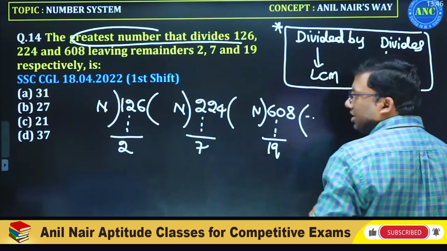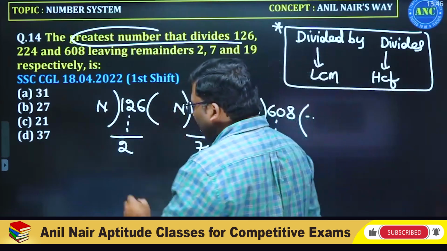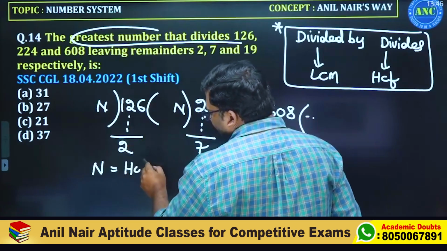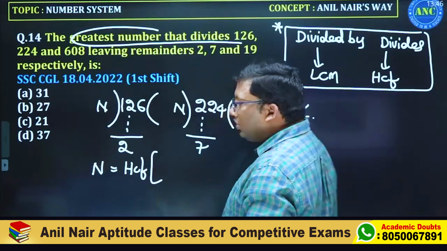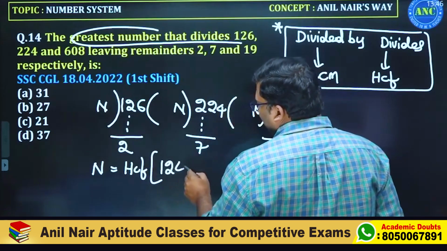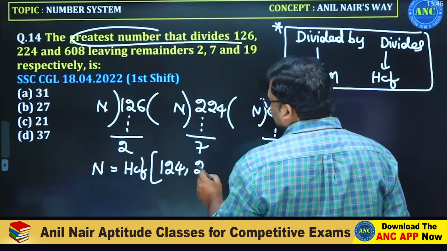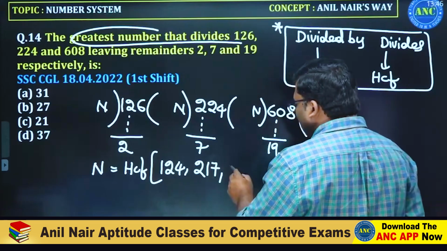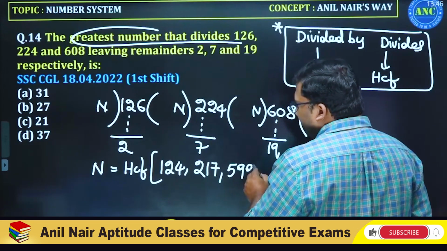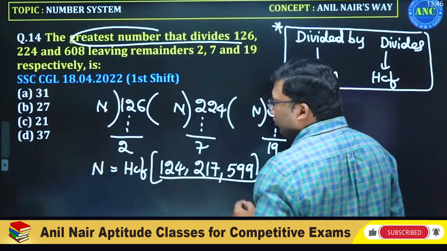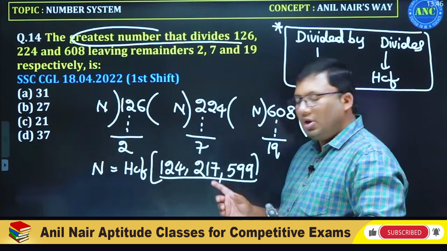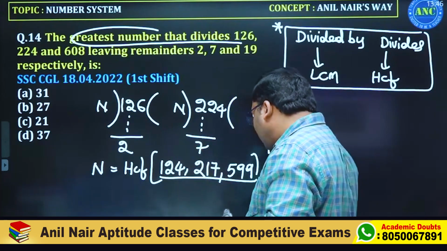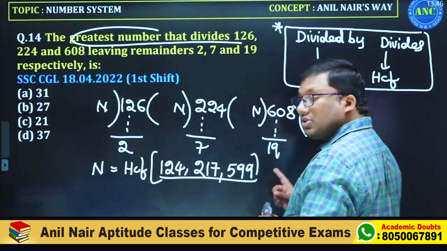What will be the idea, sir? 126 minus 2, the answer will be a factor and the largest, so the answer will be an HCF of 126 minus 2, 124; 224 minus 7, 217; 608 minus 19, 589. The answer will be the HCF of 124, 217 and 589.